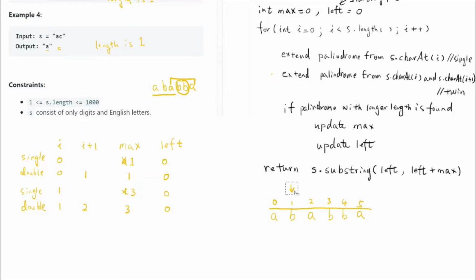Then we move our index to the next position. Our I equals 2. So max is 3, left is 0. We expand from A, then we found a palindrome BAB. The length of this new palindrome remains 3, so we don't update the max and the left.